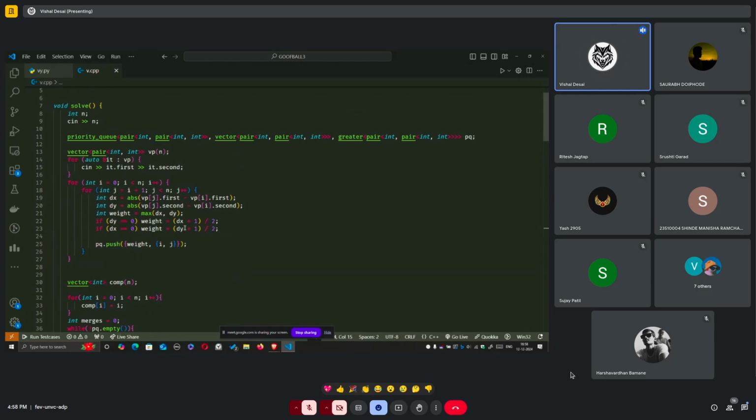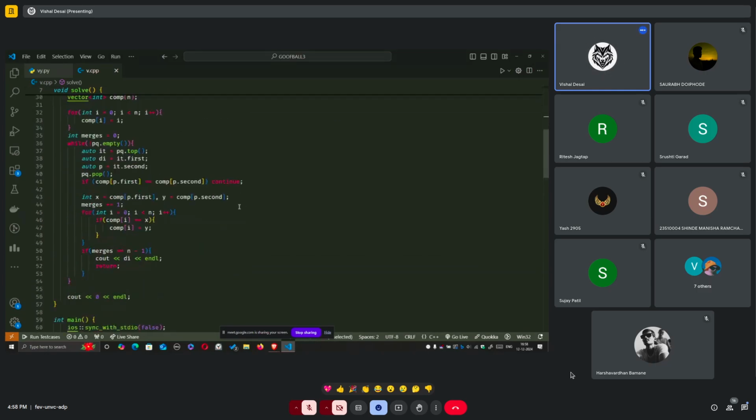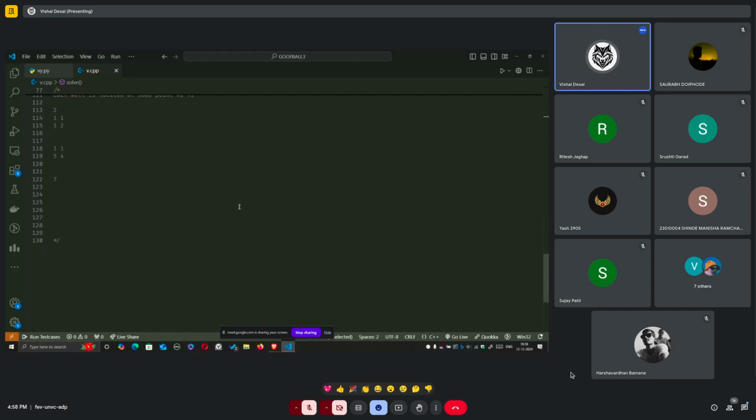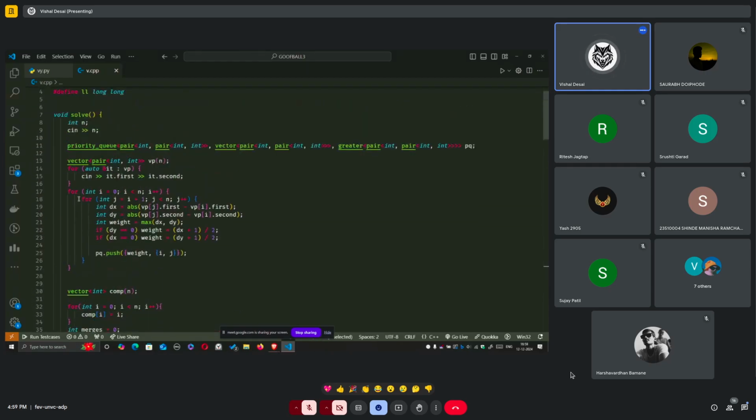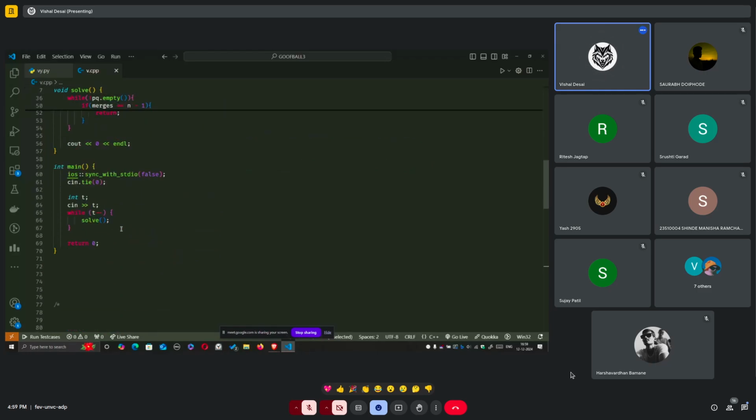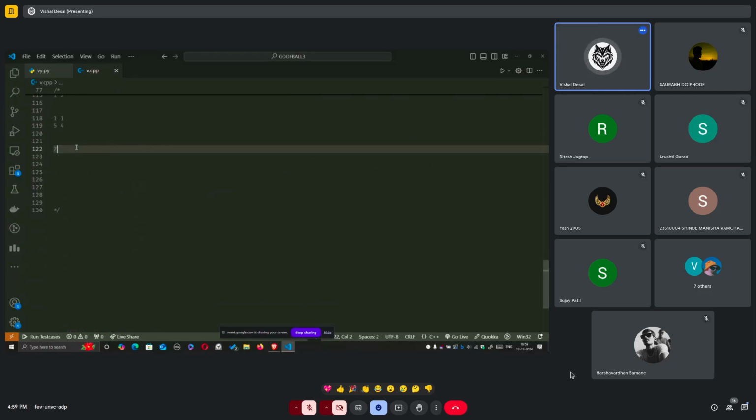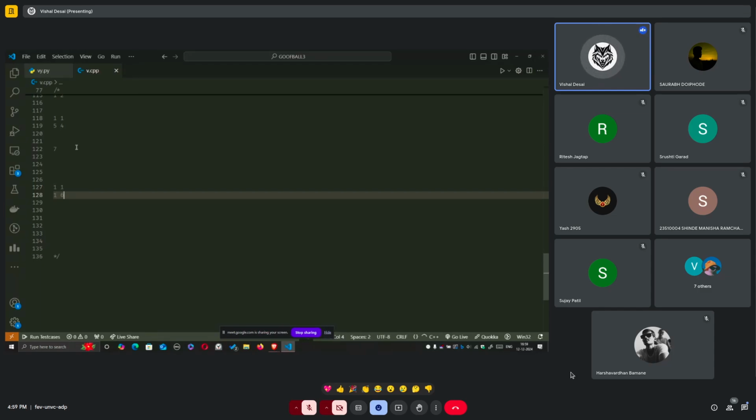Okay, so as I said, it will be like if you check max of dx comma dy. So here basically I have written 2 conditions. For this one, let's say 1 1 and let's say 1 6.